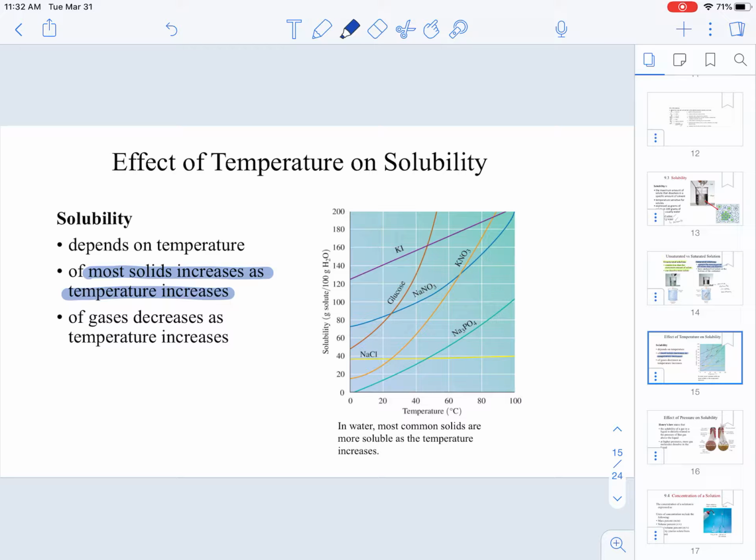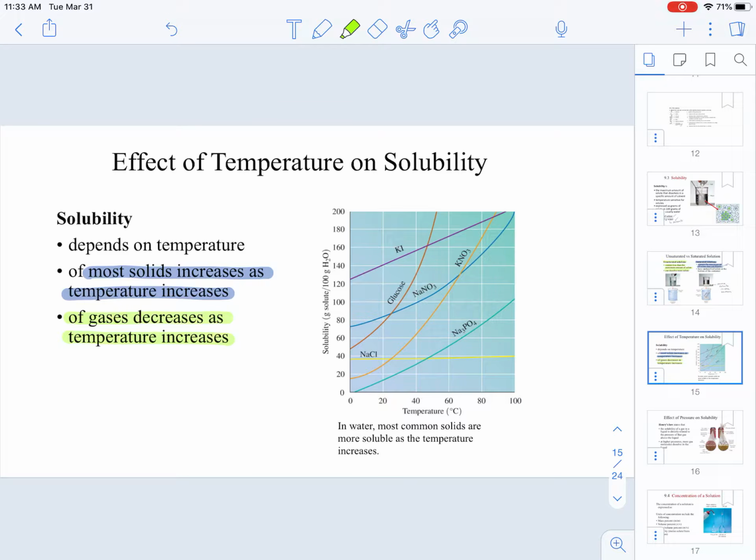Okay, in the case of gases, understand that as the temperature increases, then the solubility of a gas decreases. That's why you can observe that hot soda or soda that is retained at room temperature after opening becomes flat faster.